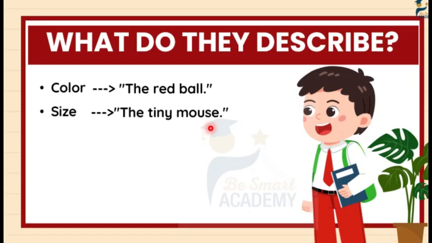Now, what else can the adjective describe? It can describe the shape. For example, the round clock. The noun here is clock. What's the additional information describing the clock? It is the word round, and this word round is describing the shape of the clock.